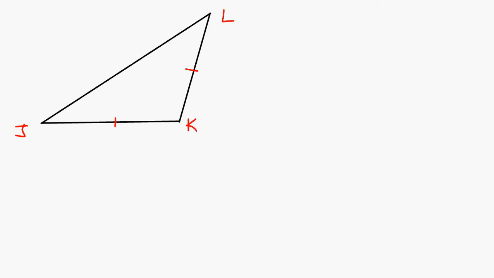They ask you to find the side lengths of the triangle. They tell you that side JK is 4x minus 1.3, that side LK is x plus 3.2, and side JL is 5x minus 0.2.